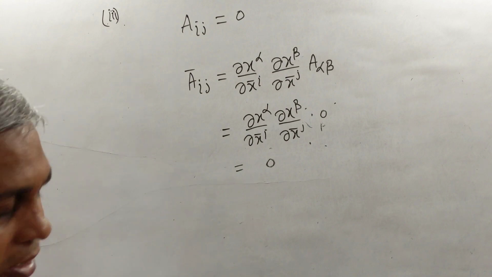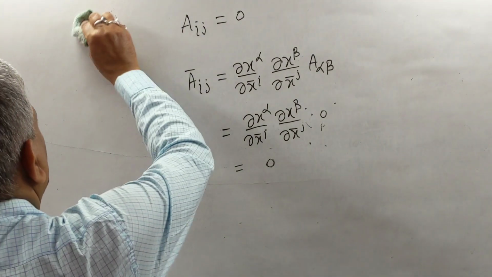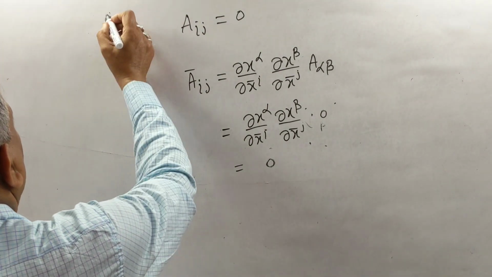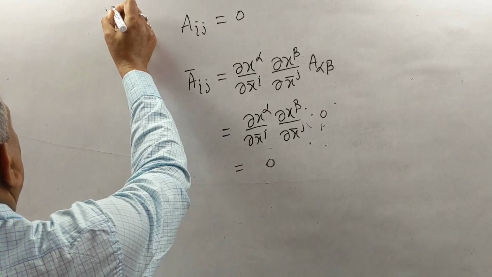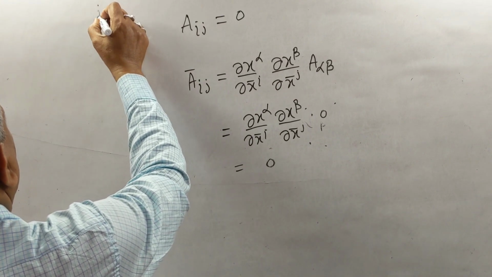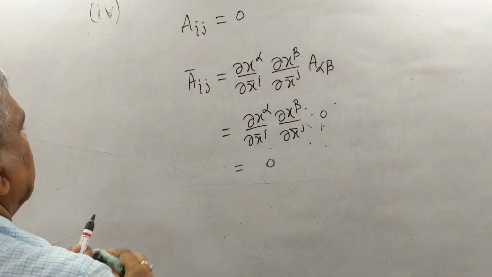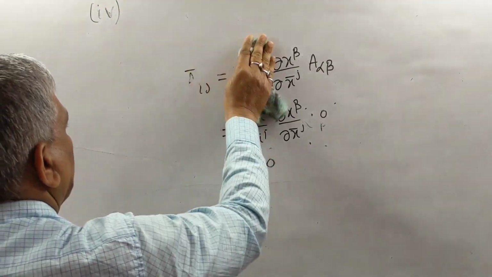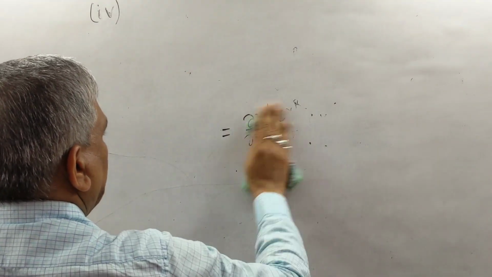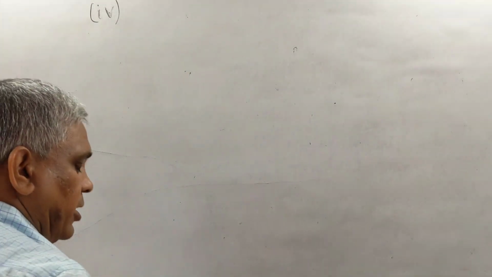Next property is number 4. The tensor obeys the group property.